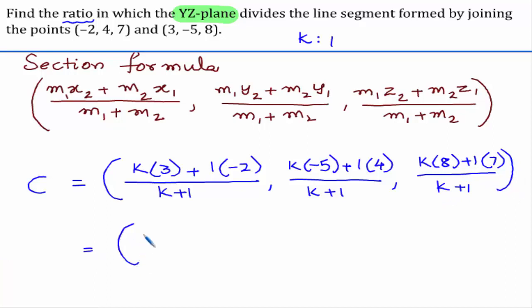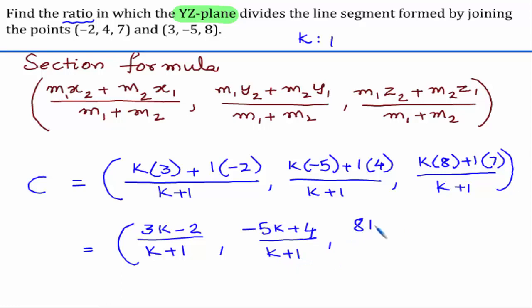On simplification, we get 3k minus 2 by k plus 1, and the y coordinate is minus 5k plus 4 by k plus 1, and the z coordinate is 8k plus 7 by k plus 1.